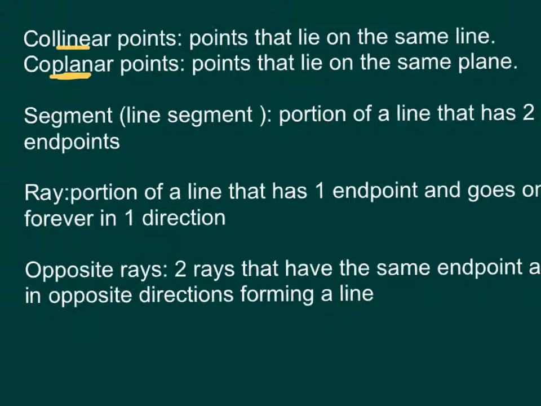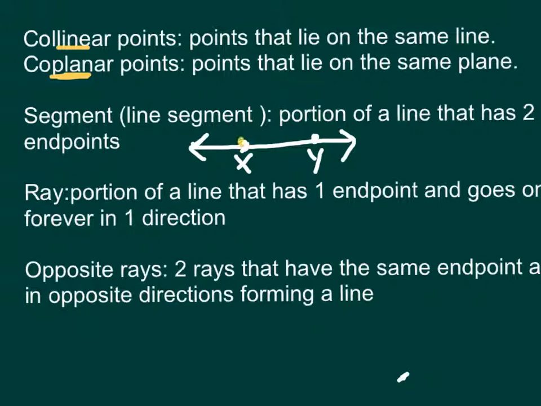Our next term is segment. It's also thought of as a line segment, and it is a portion of a line that has two endpoints. So let's say we have this line right here, and we got X on it, and we got Y. Since we are talking about a segment, we don't want this whole thing that goes on forever and ever and ever.